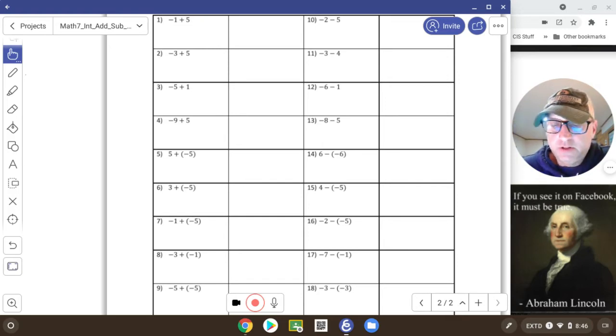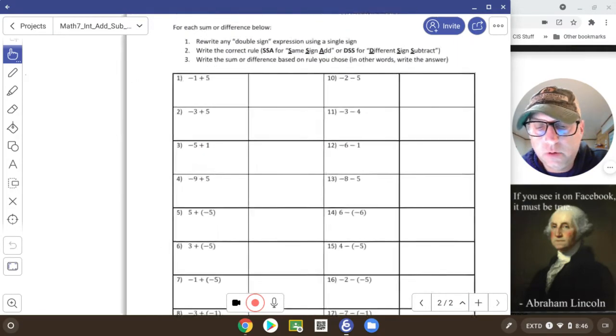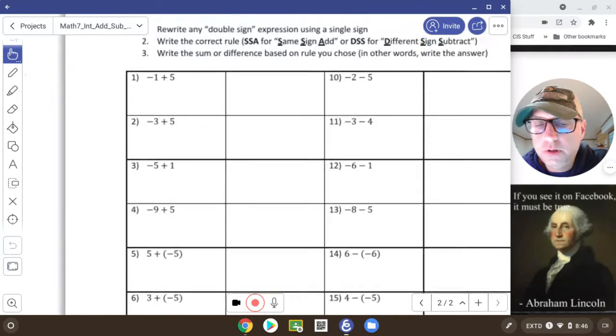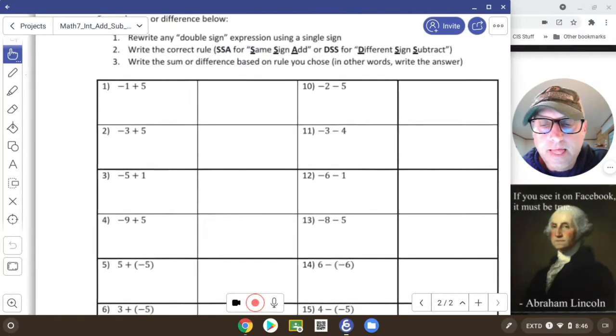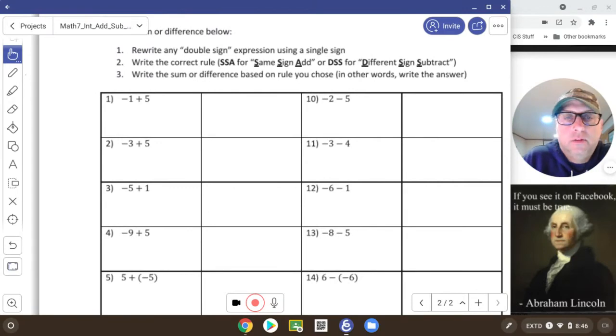Okay, all right, so here we go. We've got 18 quick little adds and subtracts. Here's how we're going to do it. We're going to do it in layers. The first thing we're going to tackle is if we see a double sign problem, and by double sign, I mean between the numbers, if we see more than one plus or minus symbol. So if we see a plus minus or a minus minus, we're going to attack the double signs and rewrite them and make them simpler.